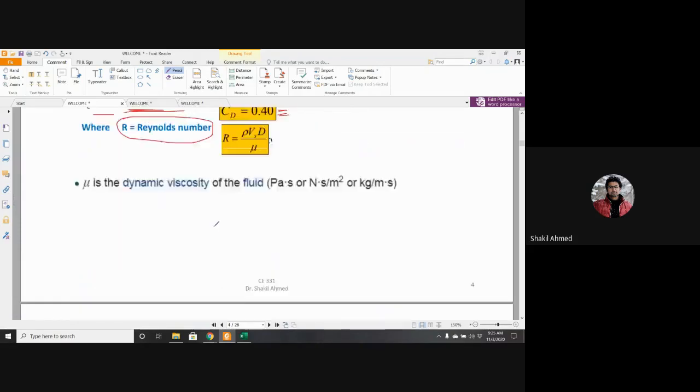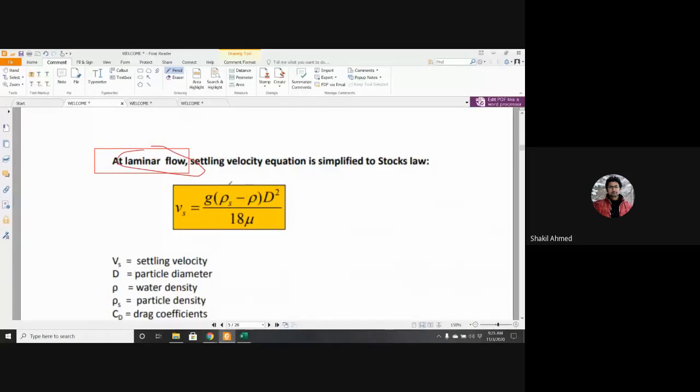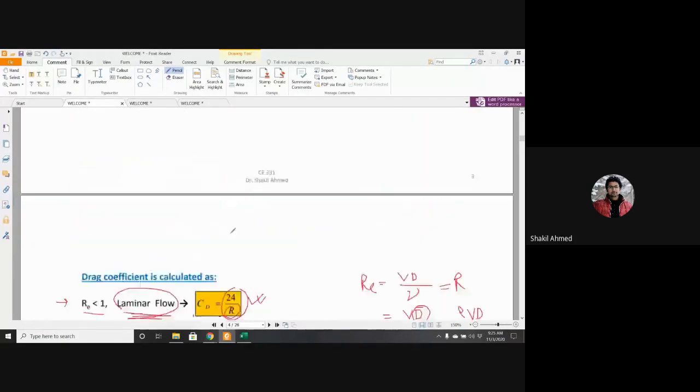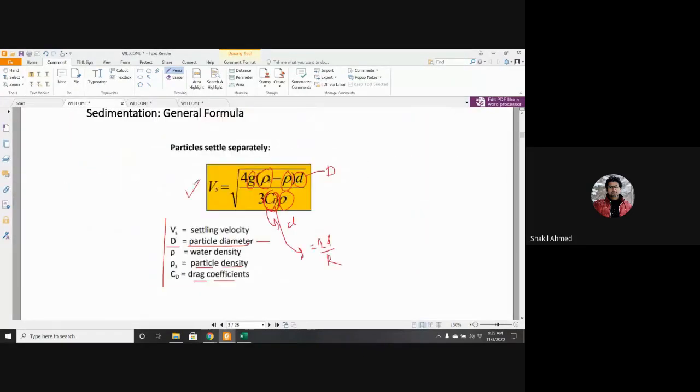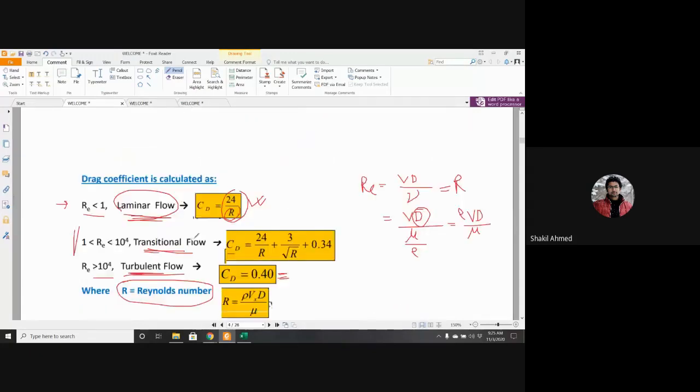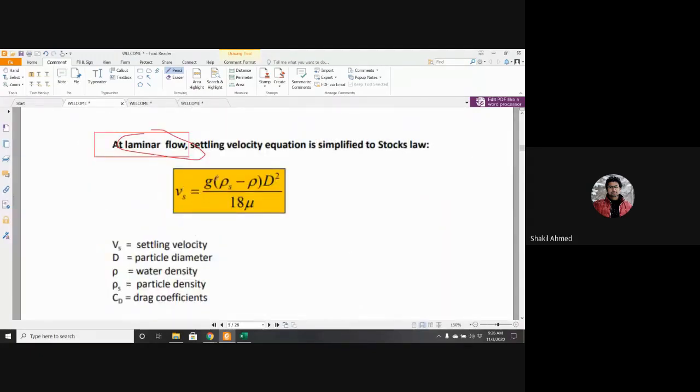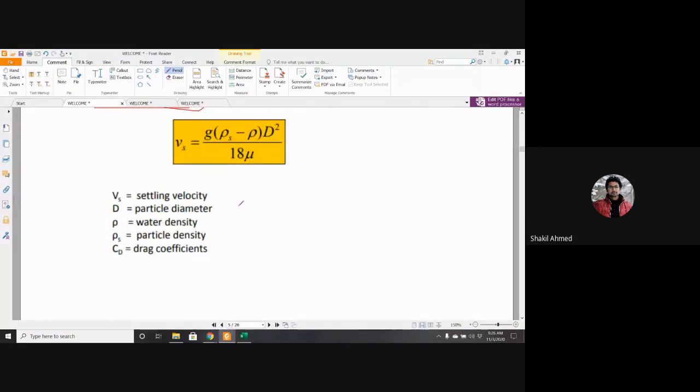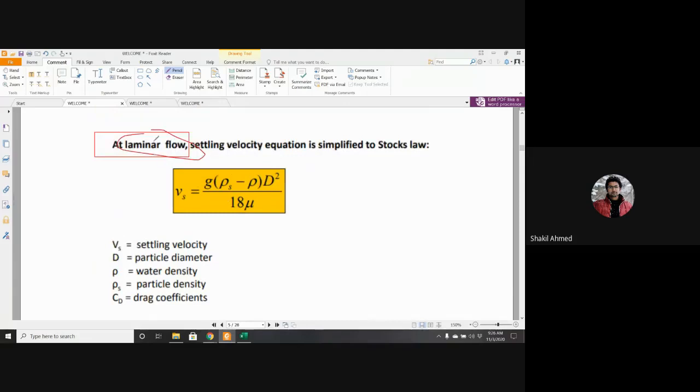If you put this here, this equation will be transformed to this: Vs equals g(rho s minus rho)d squared divided by 18 mu. Only in laminar flow condition can we write this.